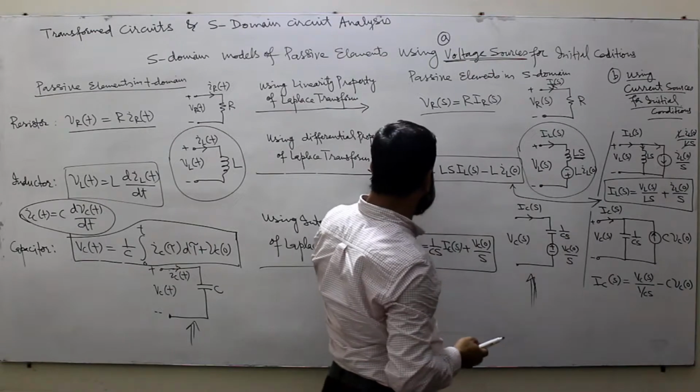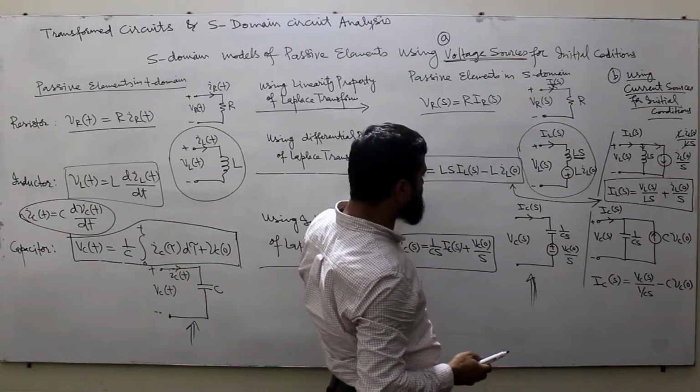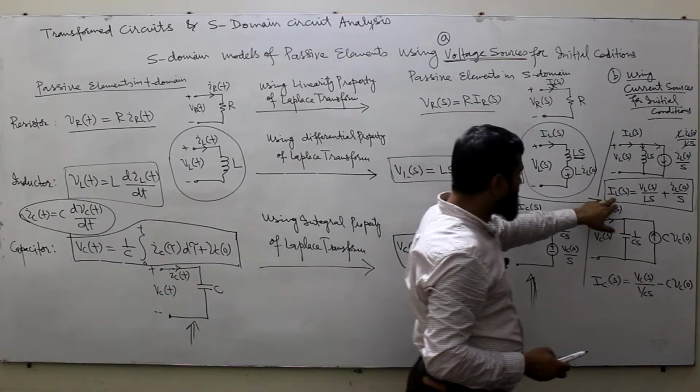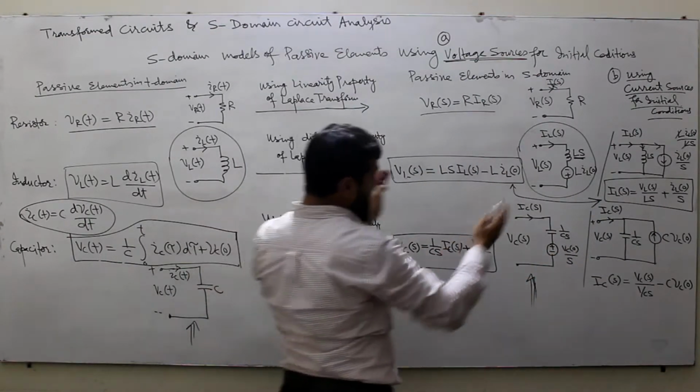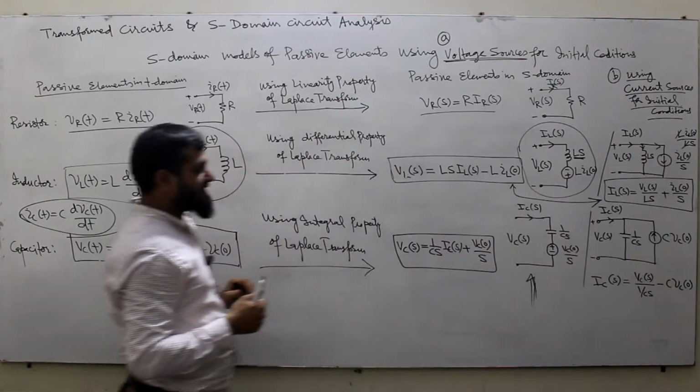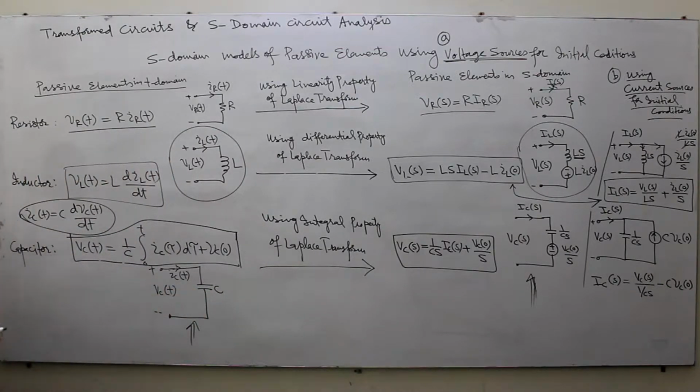Just in this one we have VL of S as output, and in this one we have IL of S as output. So these are the representations in the S domain for the case of the inductor.